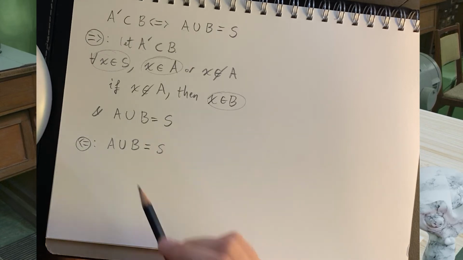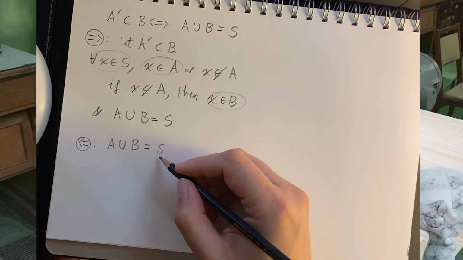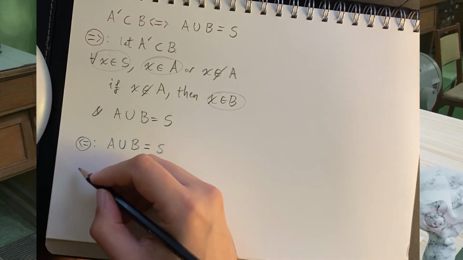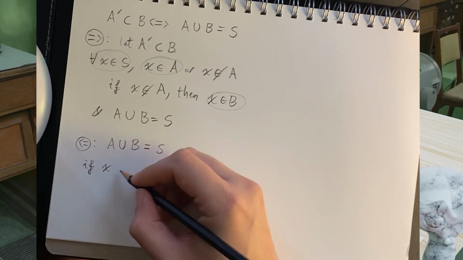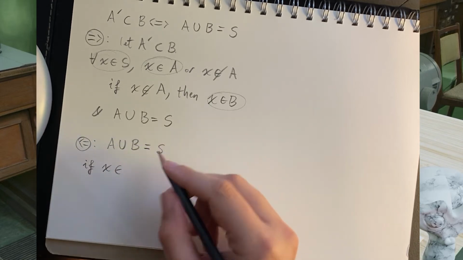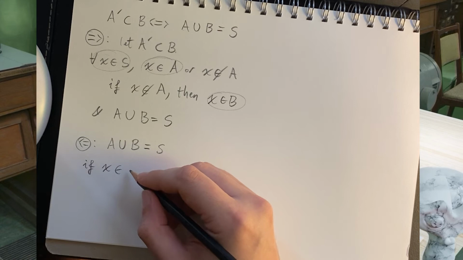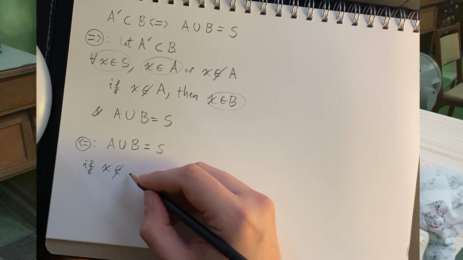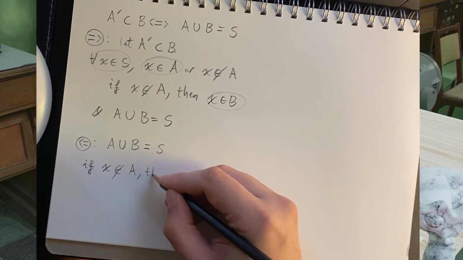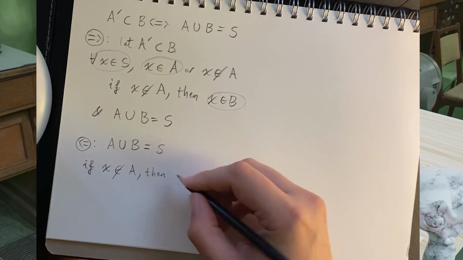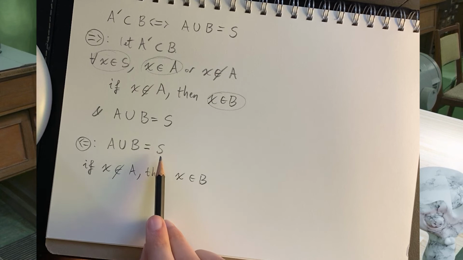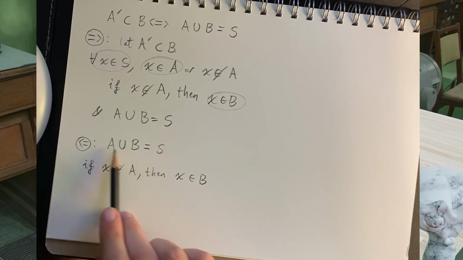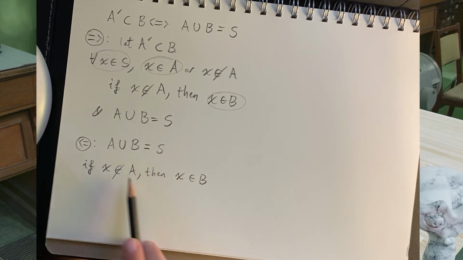So we'll say, okay, well, similarly, if some X point, which is in S, is not in A, then that point must be in B, because it's still a point in S, so it needs to be covered by one of these sets. Well, if it's not here, it has to be here.